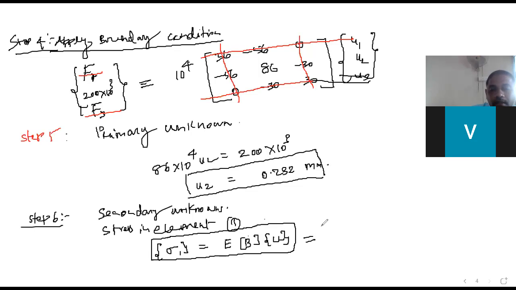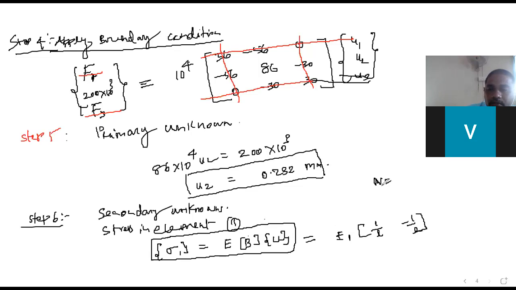If you consider the stress in the first element, we are supposed to find E1 into B. B is equal to dN1 by dx and dN2 by dx, which give 1 by L and minus 1 by L. Why?